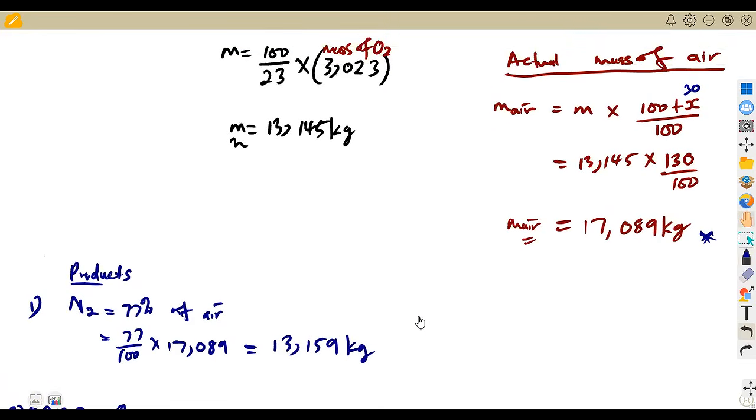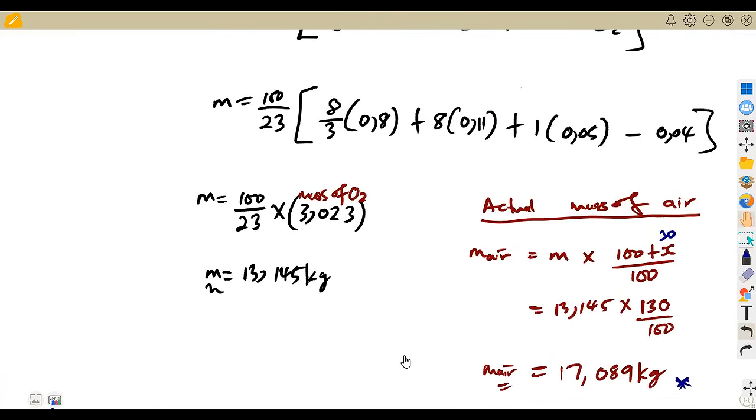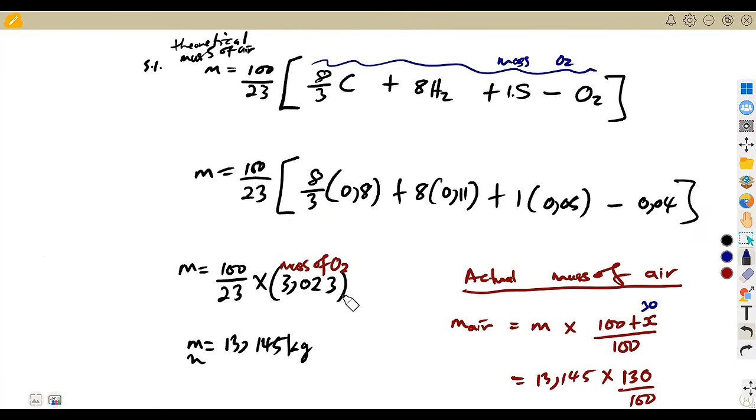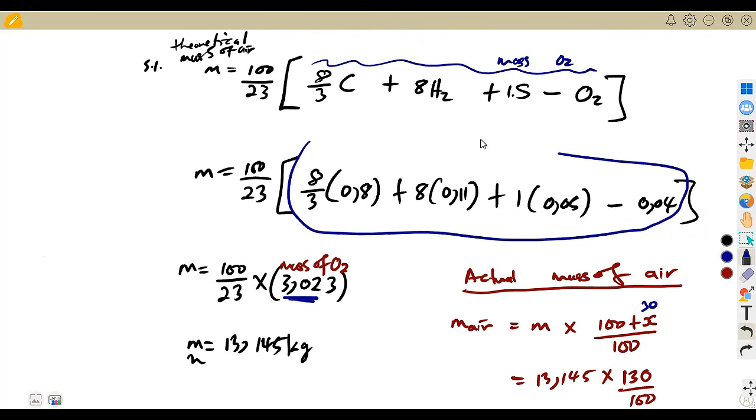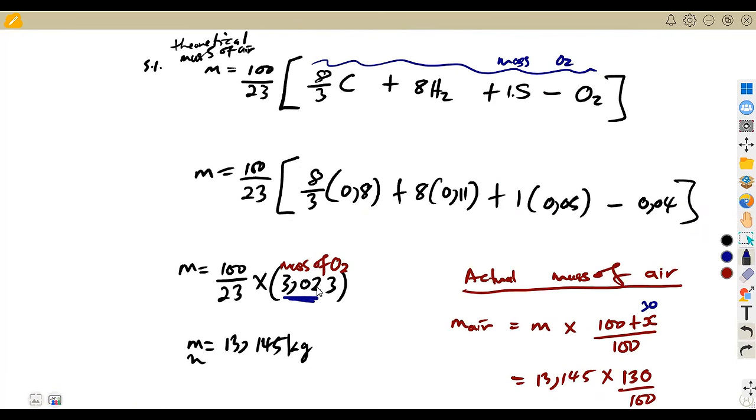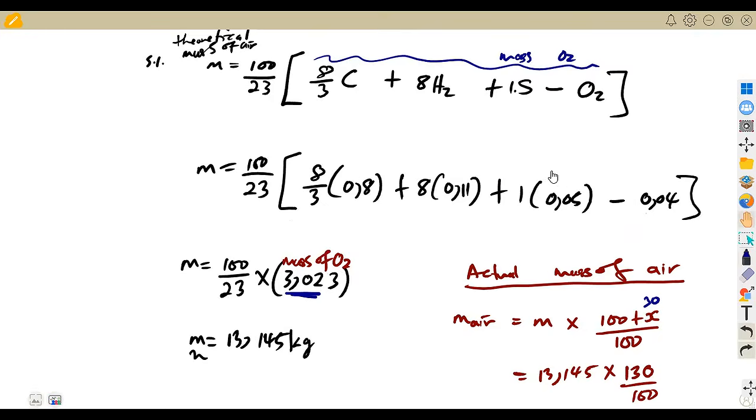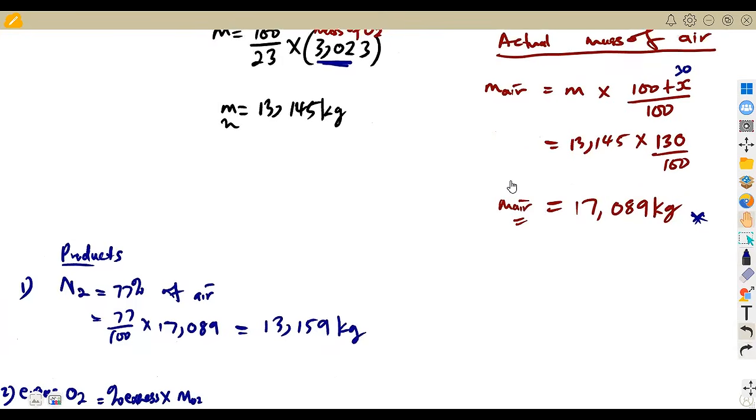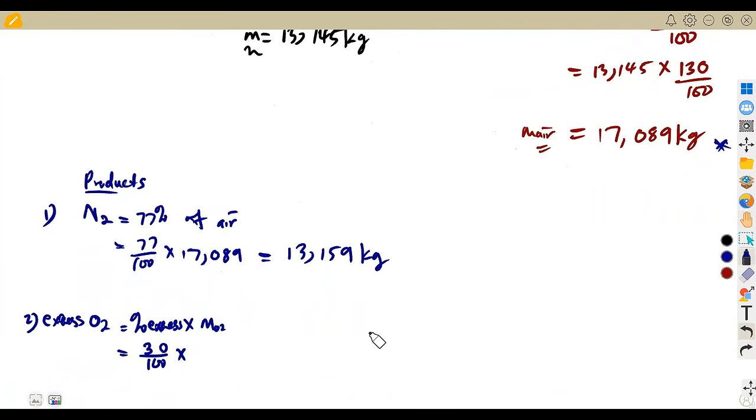That's why I was saying you are supposed to indicate on your calculation the mass of oxygen from this part here, so that you do not go back to the formula and calculate again. The mass of oxygen, which is the whole of this part, is 3.023 kilograms.